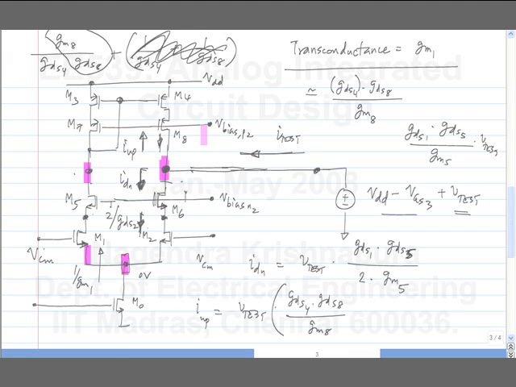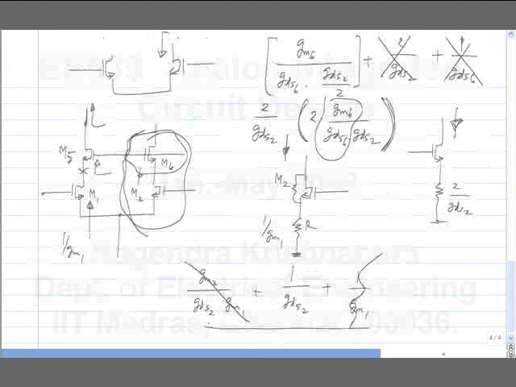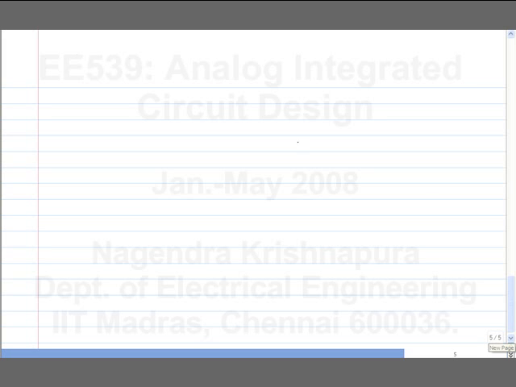This is again something that's familiar to us with the differential pair. It goes like this, and the same thing gets mirrored here also. So this plus I down. So finally we have the output conductance to be what?